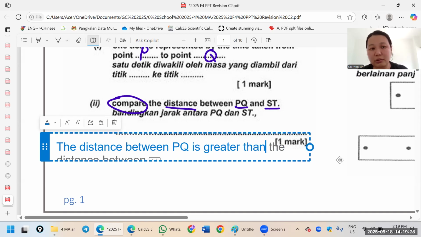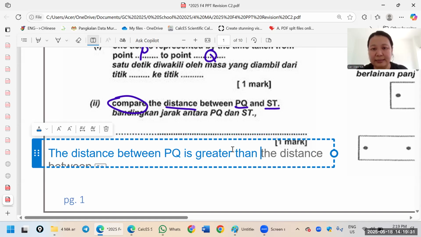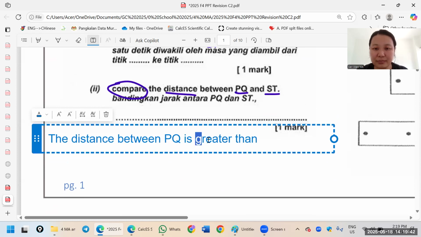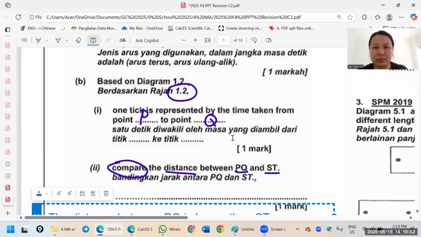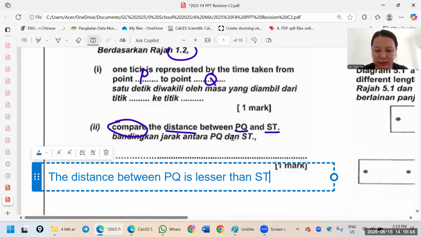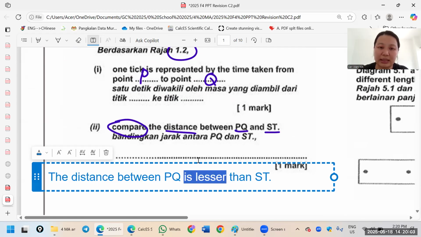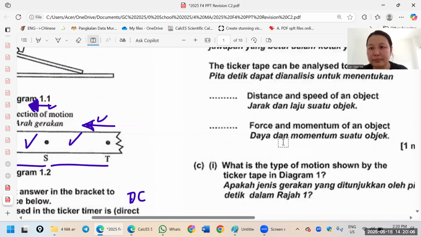It's a universal adjective. Then the distance between PQ is greater than, sorry, my fault. PQ is shorter. So PQ is lesser, you can say lesser or shorter, as long as the meaning is smaller than ST. Yeah, ST. So I encourage you all to write the sentence starting with the noun, then is lesser than.